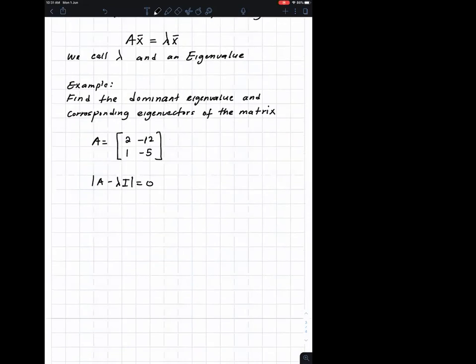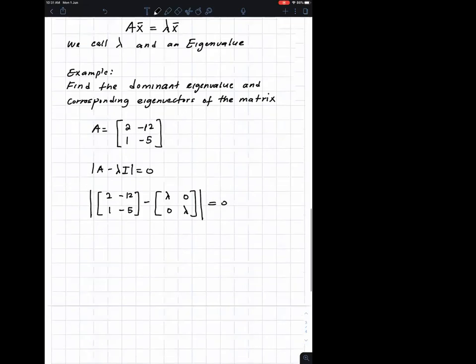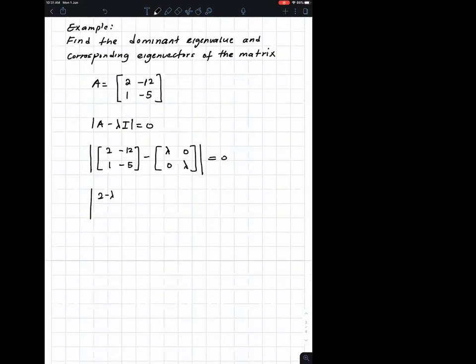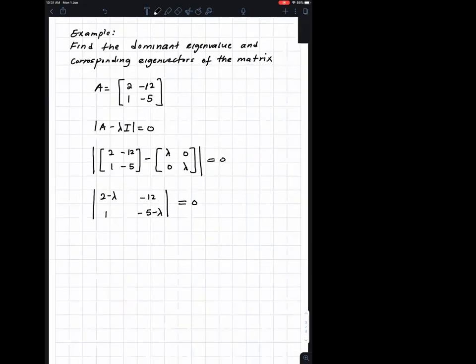Set the determinant equal to 0. So this is from mathematics 1A stuff.